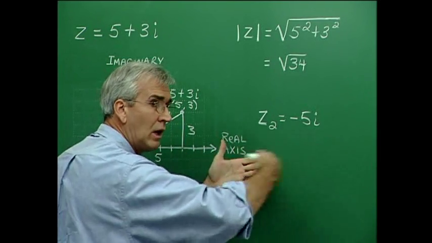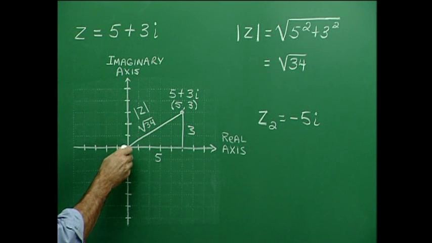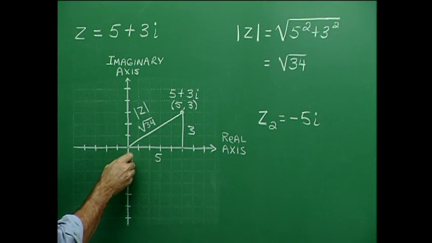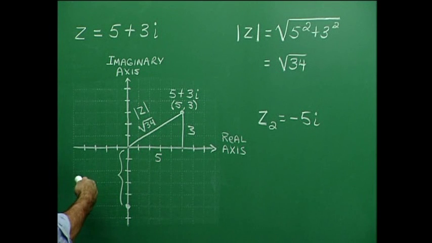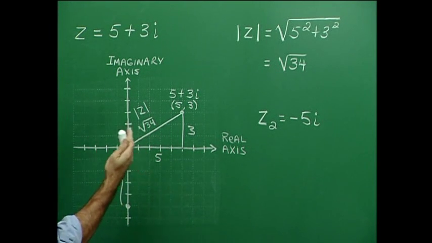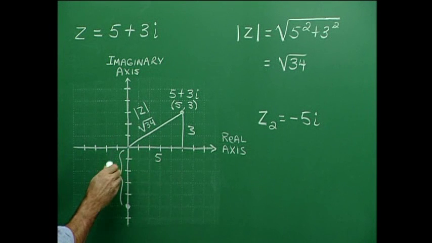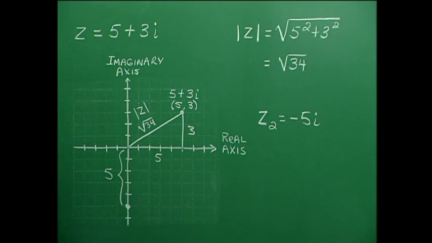So we go 0 left and right, and minus 5i on the imaginary axis puts us down at 1, 2, 3, 4, 5 in this negative direction. And this distance is calculated the same way. Square root of 0 squared plus negative 5 squared, gee, that's 5 squared, that's 25, this distance is 5. And we would expect that because of the distance that we see here.